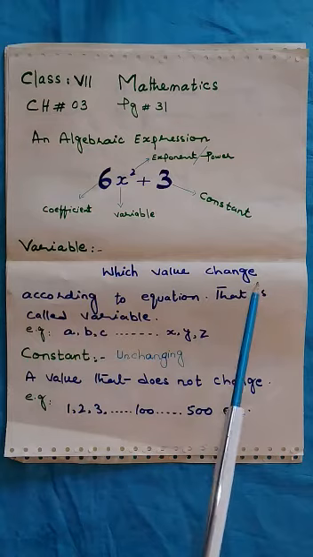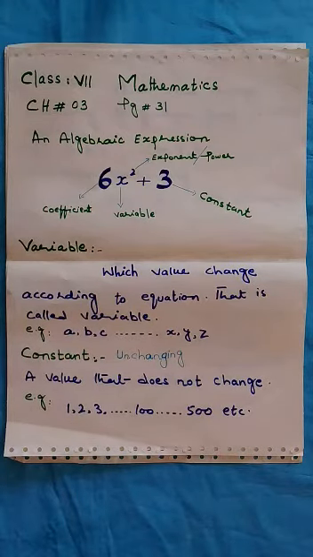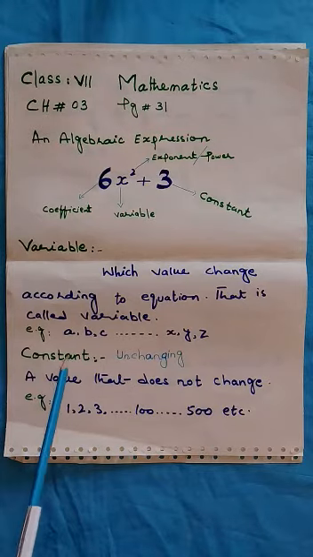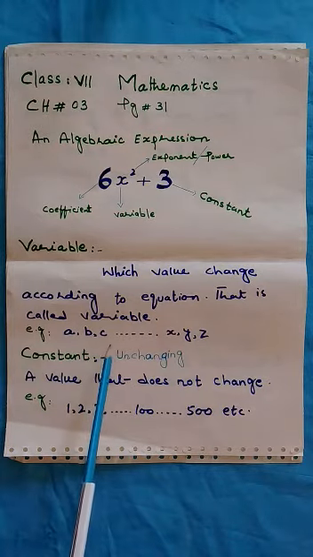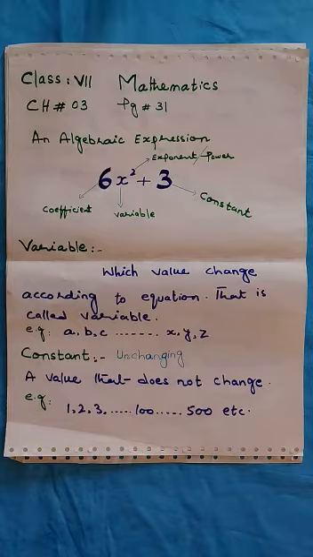A value that changes according to the equation is called a variable. For example, A, B, C up to X, Y, Z. It means all the alphabets A, B, C are variables.